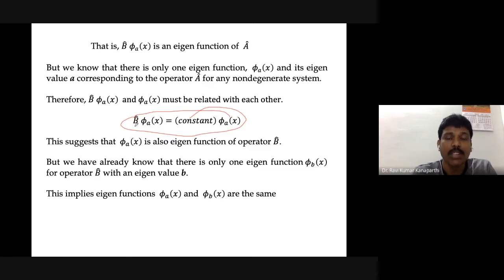So when it is operating, we get the eigenvalue b multiplied by phi b back. So this is again a contradiction. That implies basically the two functions must be the same.